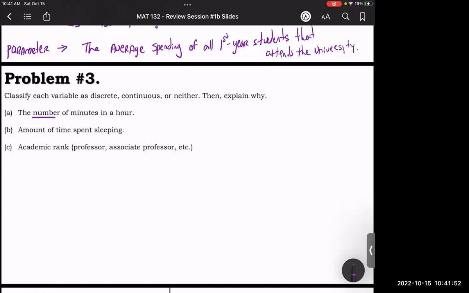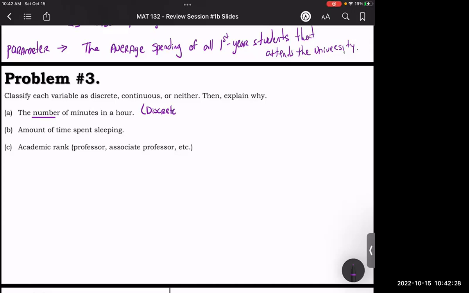Look, if you guys have your notes, excuse me, my bad. I had coffee earlier and some breakfast and it's still stuck in my throat somewhere. But the number of minutes in an hour is discrete, and you have to use the definition of what it means for a variable to be discrete. I can't explain it right away, because it gives away the answer. Instead, you have to provide me with an explanation. That's why we're here in this workshop.